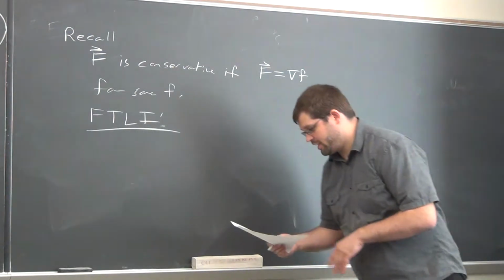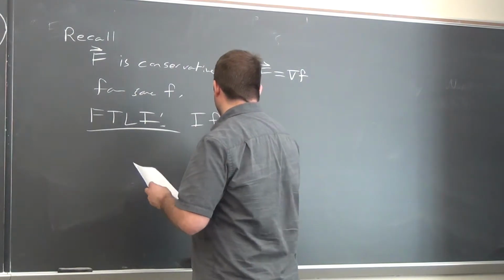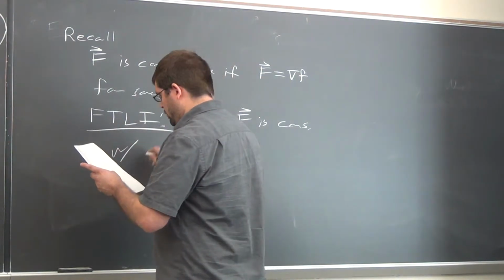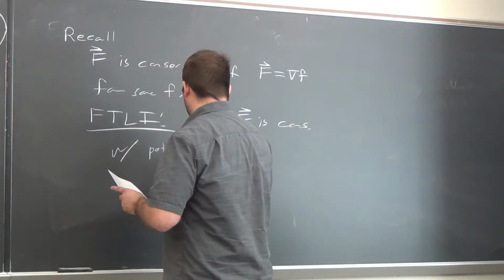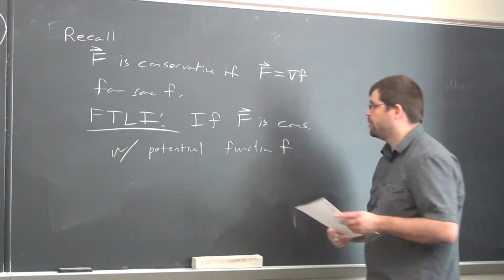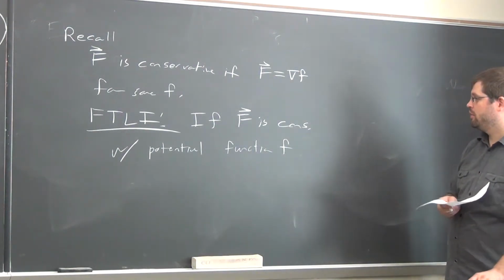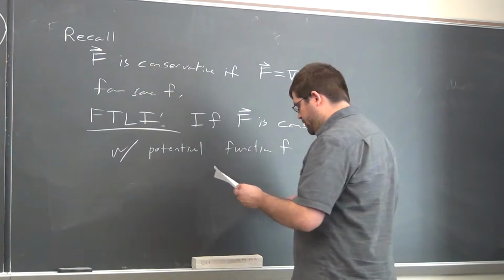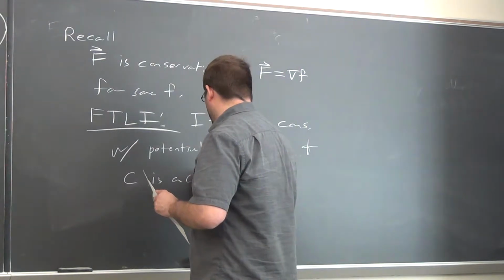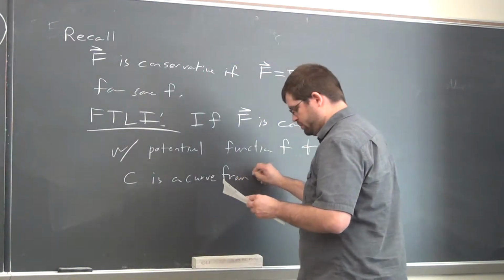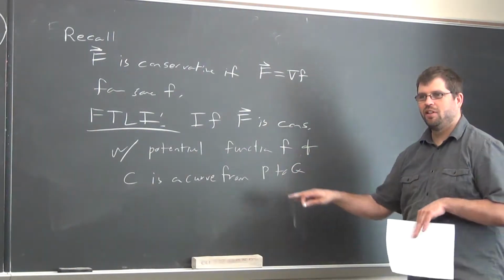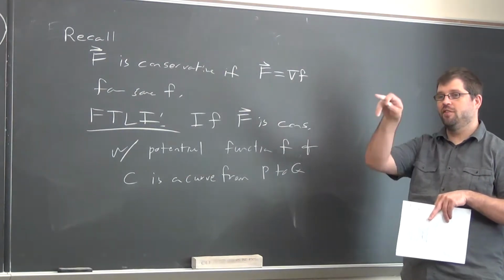It just says that if F is conservative with potential function little f, remember that's what the little f means, the function whose gradient is that, and C is a curve from P to Q. I'm going to leave off some details. The curve has to remain in the domain of your f.